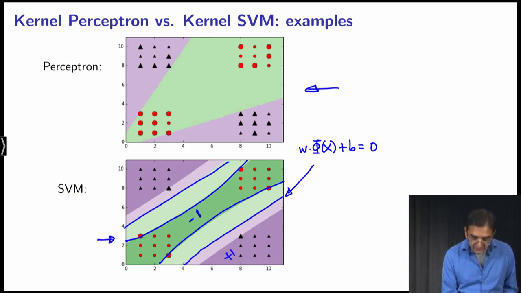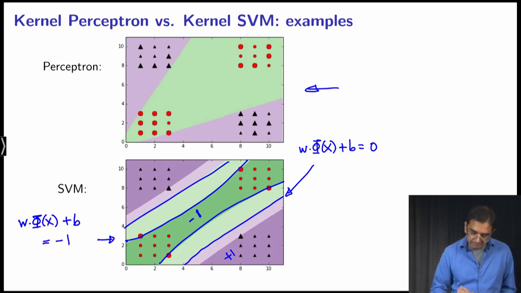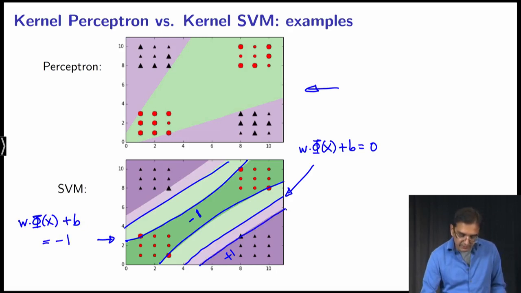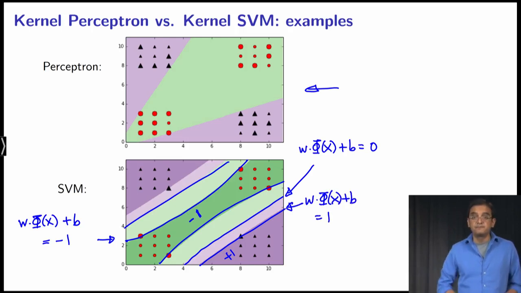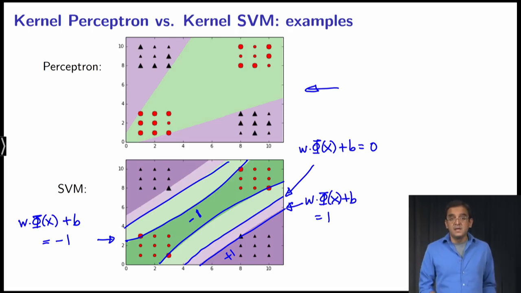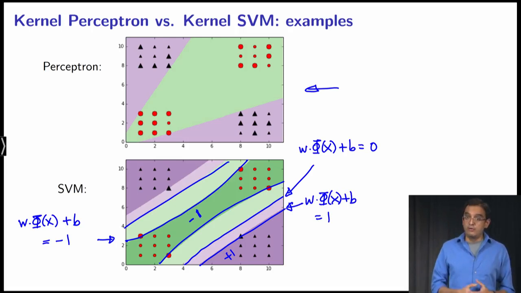Then this boundary over here is W dot phi of x plus b equals -1, and the corresponding boundary over here is W dot phi of x plus b equals 1. Now these boundaries look quadratic over here, but in the higher dimensional embedding, in that 5-dimensional space, these are just linear hyperplanes. So this is what everything looks like in 2 dimensions.